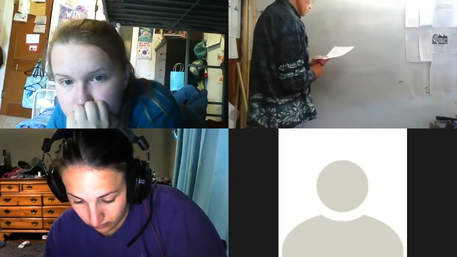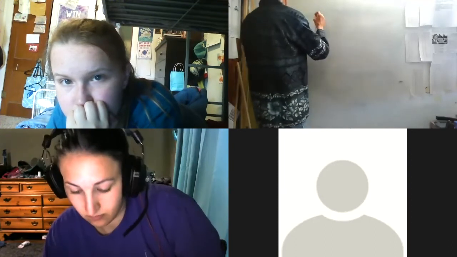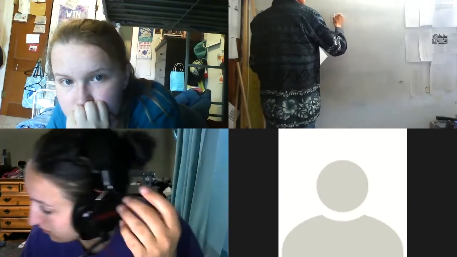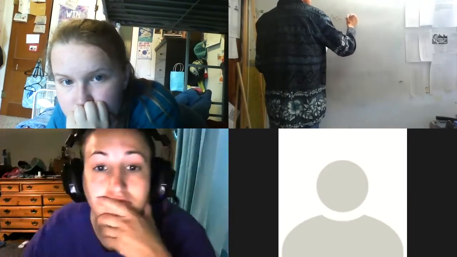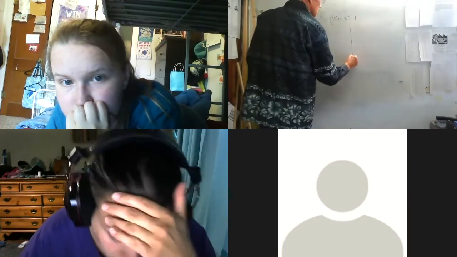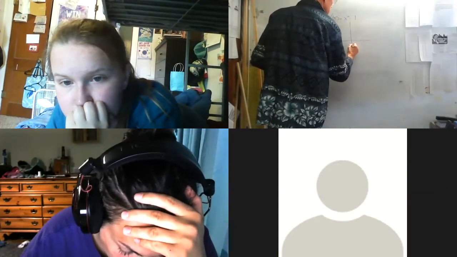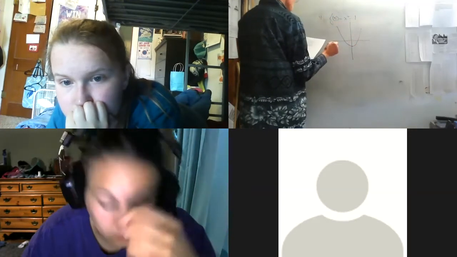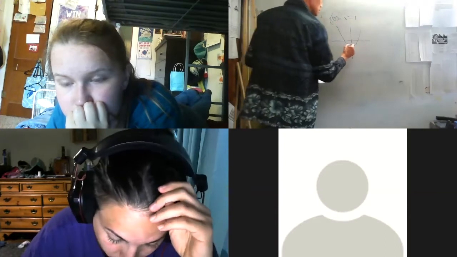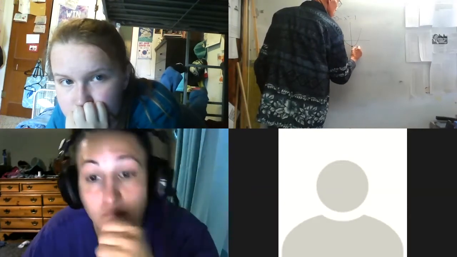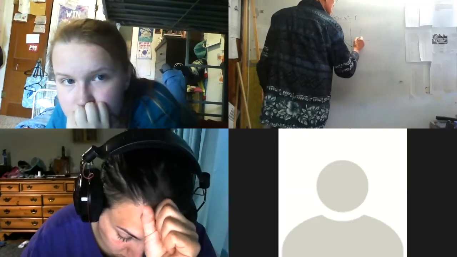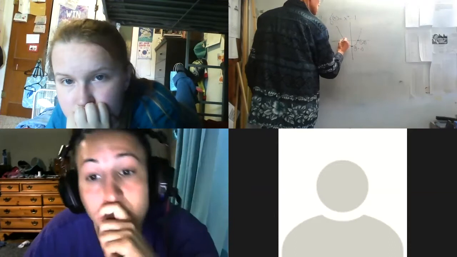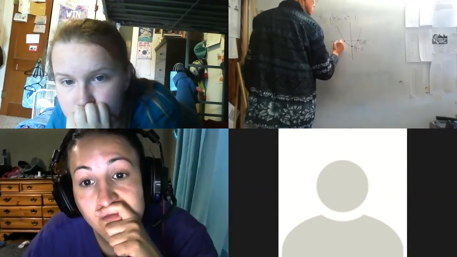Now let's do number 4, graph f of x equals x squared minus 1. Well, here's what it looks like. And it said label the vertex and intercepts. So that's 0, negative 1. This is 1, 0. And this is negative 1, 0.